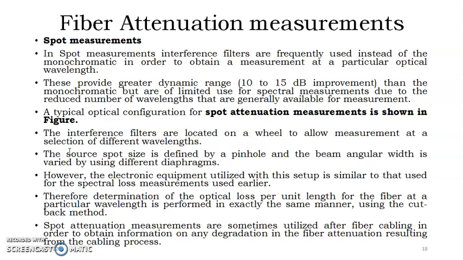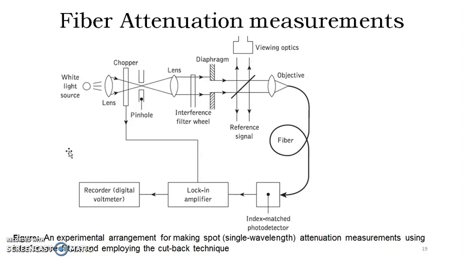So already we learned that spot attenuation occurs with the numerical aperture there. So here in this technique, we consider a spot measurement, and that may be similar to the attenuation method that we have seen earlier. Here we are using white light, everything else the same. The only difference is that the monochromator used earlier is replaced.